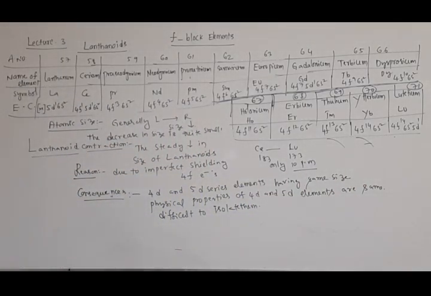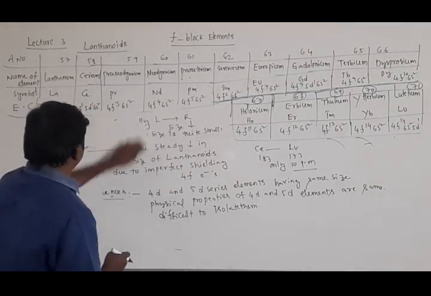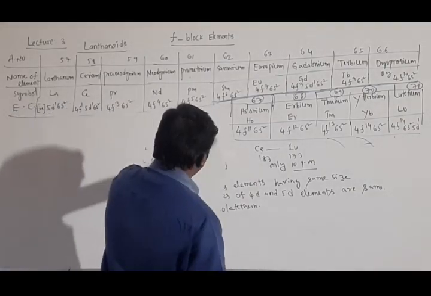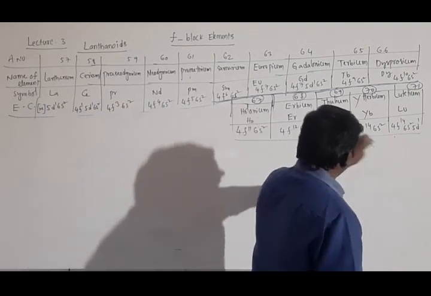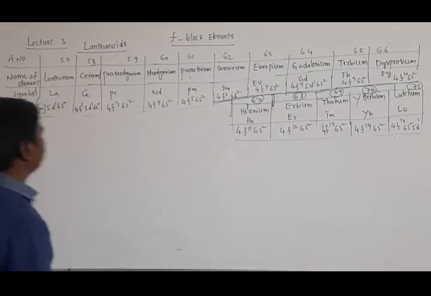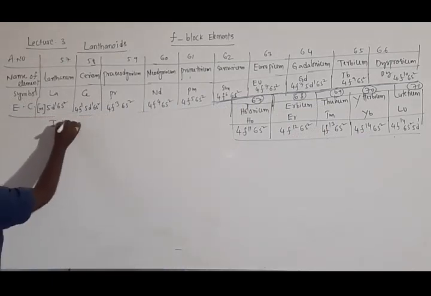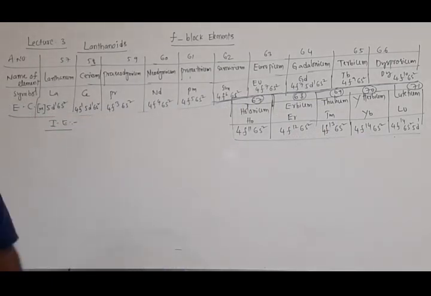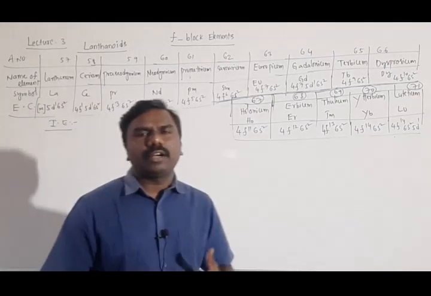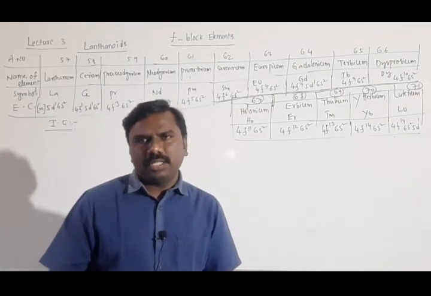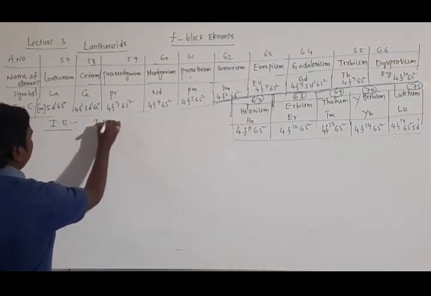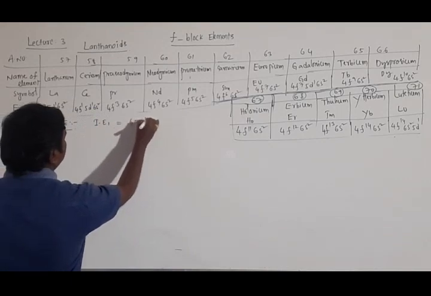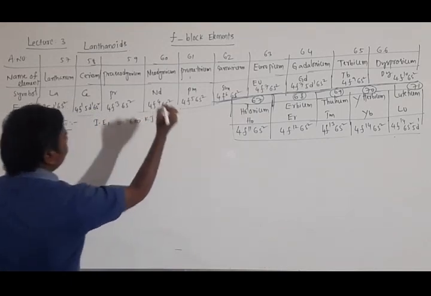Next one, ionization enthalpy values. Ionization enthalpies of F block elements, the lanthanoids. First ionization enthalpy means to remove the first electron. Is more energy or less energy required? IE1 of lanthanoids is 600 kilojoule per mole to remove the first electron.